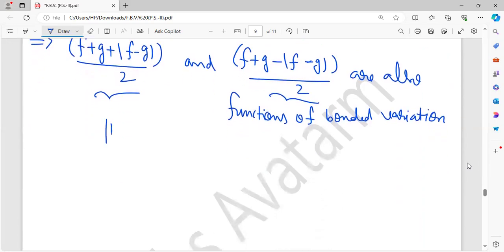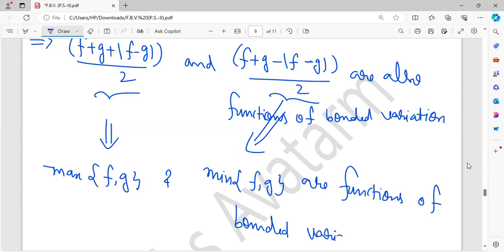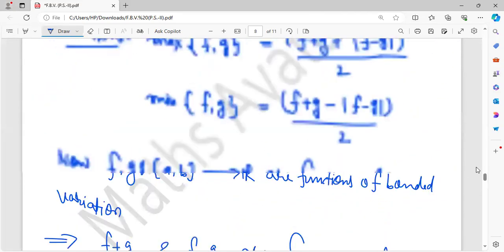Okay. So this is equal to max of f, g, and this is equal to minimum of f, g. If f and g are functions of bounded variation, then the maximum of f, g and the minimum of f, g are also functions of bounded variation.